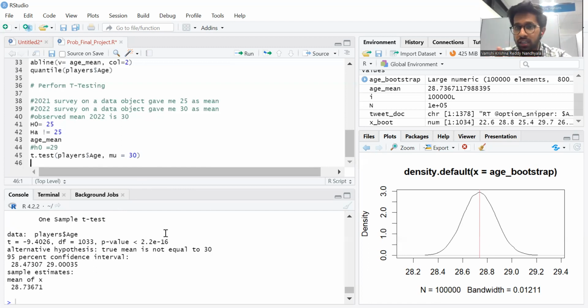That means we can clearly reject it, right? So we reject the null hypothesis and accept the alternative hypothesis: true mean is not equal to 30.